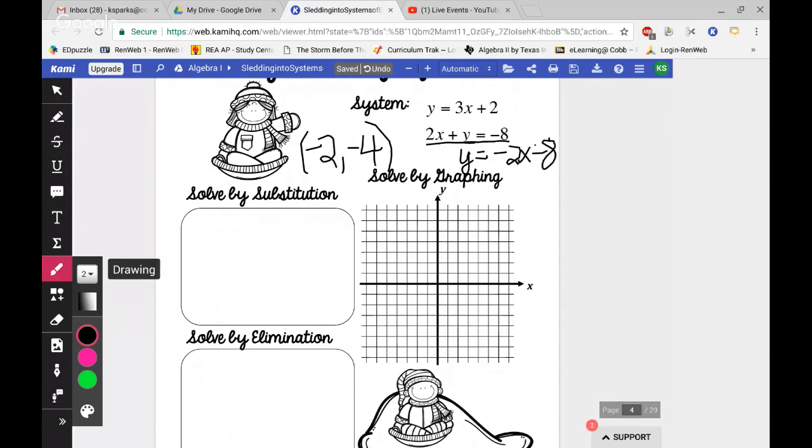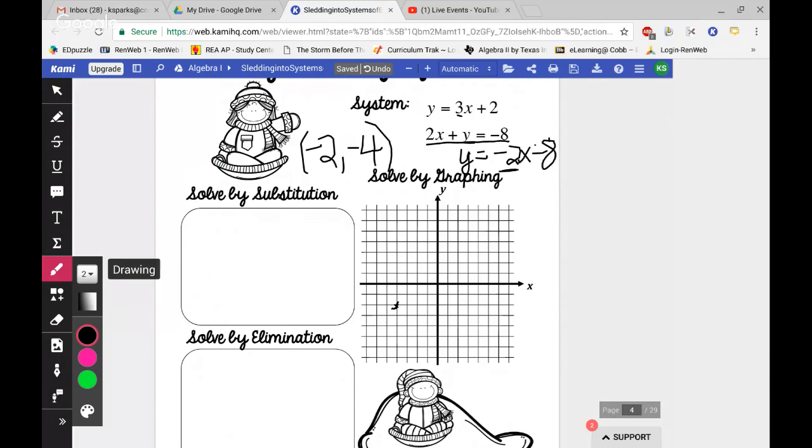Do you see that? Okay. So if you wanted to go down 2, left 4, 1, 2, 3, 4, and then use the slope here and the slope here to graph both of your lines. Do you understand what I mean by that?